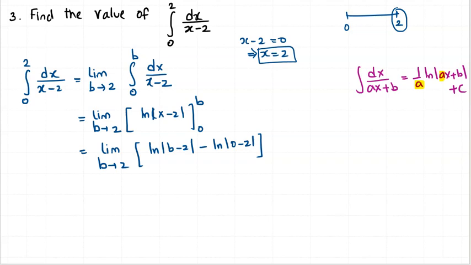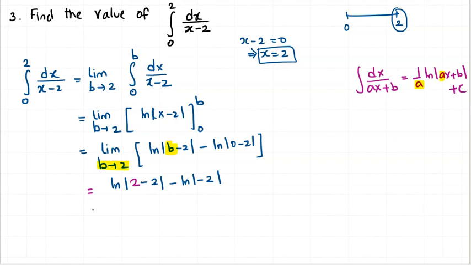Now replacing b by 2, what you will get? In the first, you will get ln of mod of, in place of b we are writing 2, minus 2, minus ln of, there is no b, mod of minus 2.